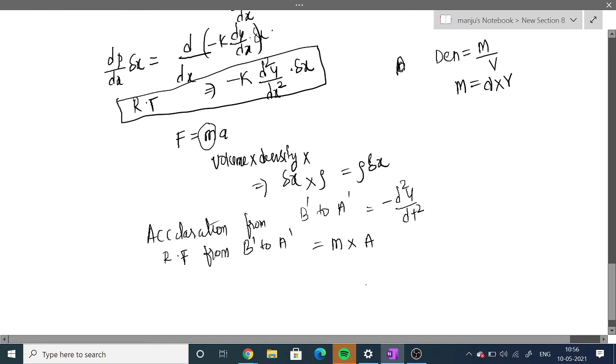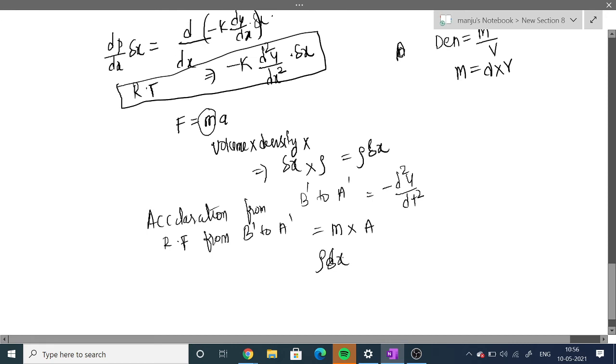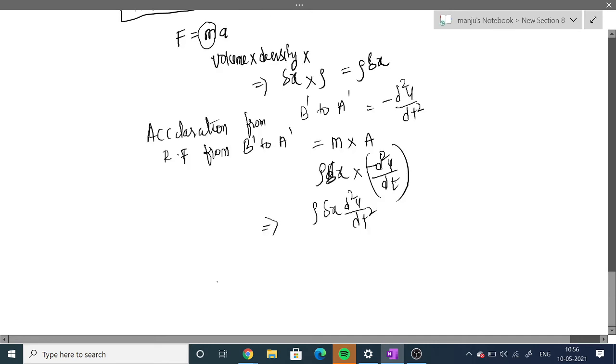The mass is rho delta x, and the acceleration is minus d square y by dt square. Therefore, it is given as minus rho delta x d square y by dt square. Hence the equation of the motion.